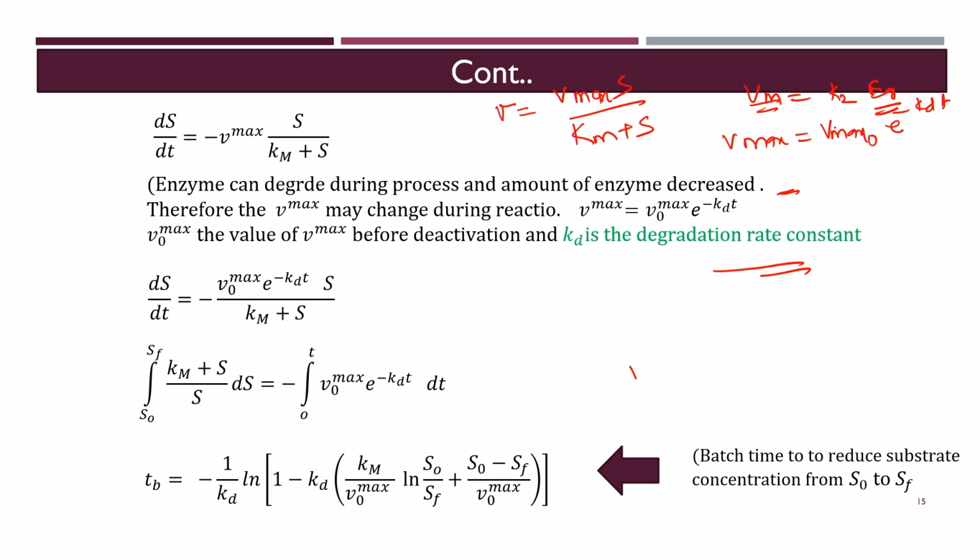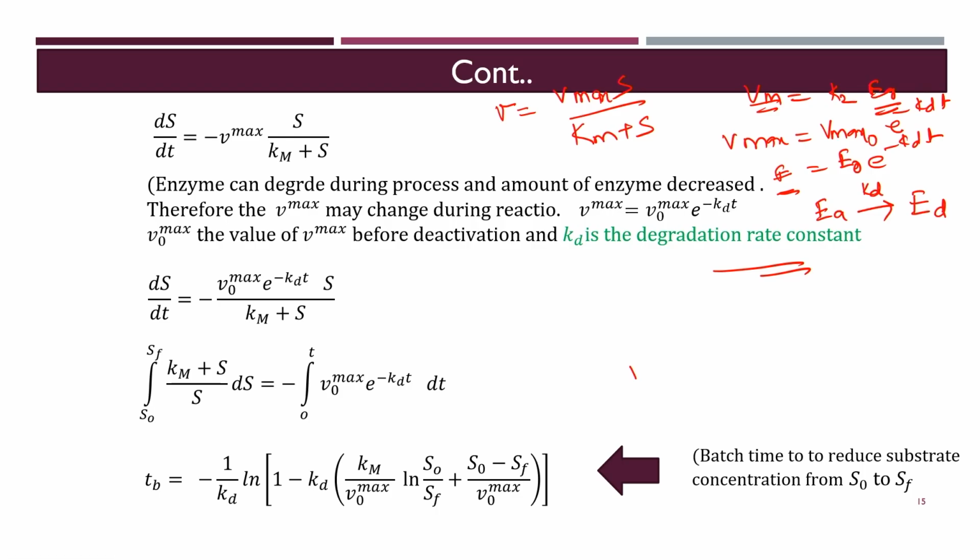E naught becomes E, which is E naught into e to the power minus kd into t. We are assuming here that the active enzyme is converted to the deactivated form with rate constant kd. We are assuming first order kinetics here.